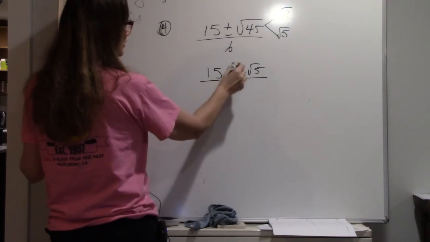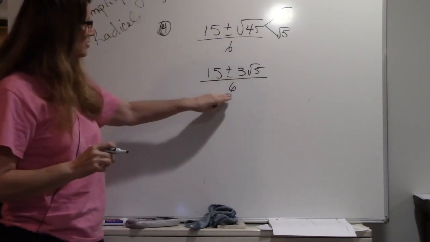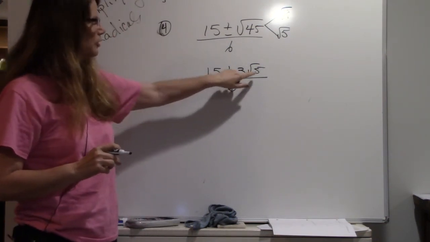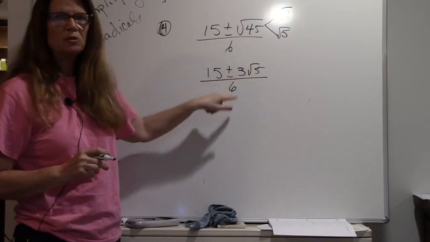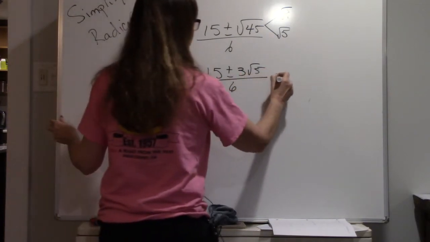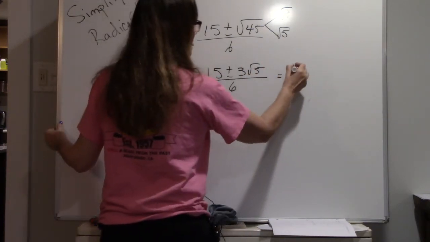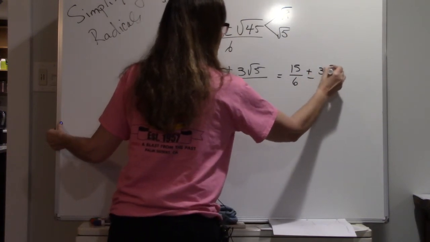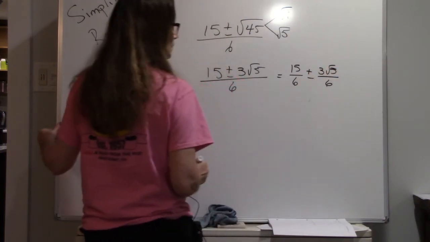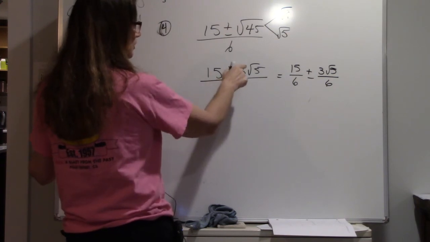So when you look at this, remember, I cannot simplify a whole number with a radical. All I can do is simplify whole numbers with whole numbers. Okay? So what this looks like, if I were to split this up, it's 15 divided by 6 plus or minus 3 square root of 5 divided by 6. So this 6 goes to both pieces.